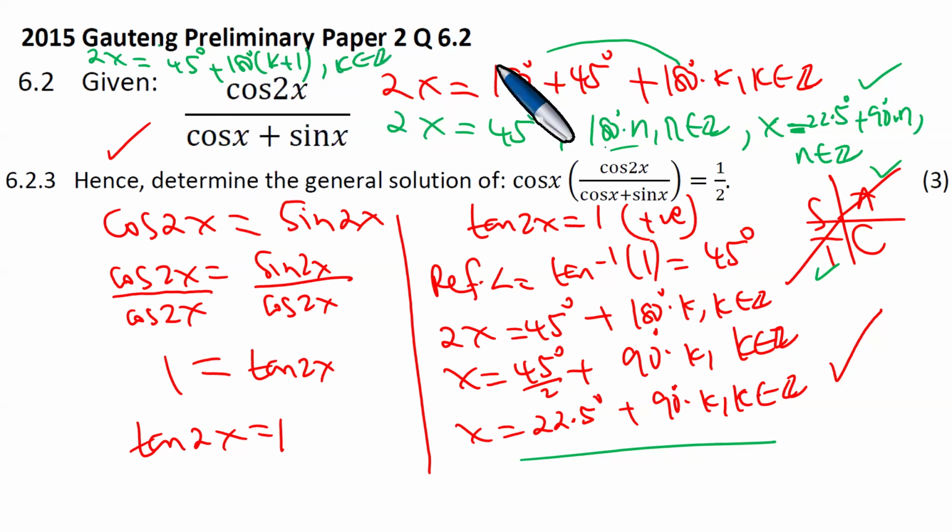The n here is like k plus 1, because this 180 and 180, you can add them up, taking out a common factor of 180 degrees, and then you have k plus 1 in the parentheses. So these become equivalent solutions anyway, where the n's are integers. So n is an element of the set of integers, and we have the answer.